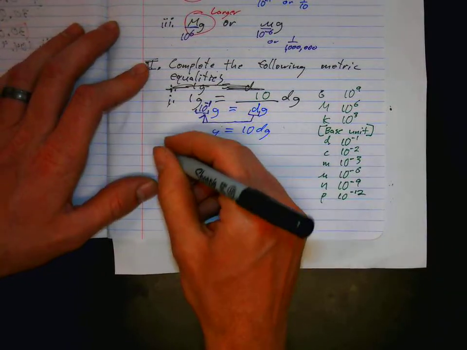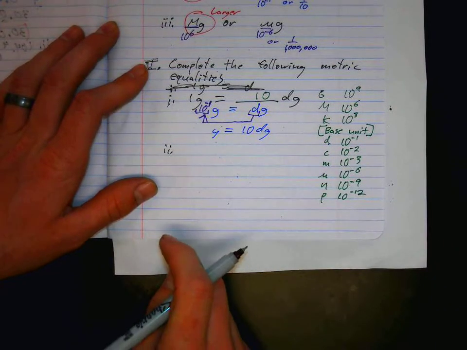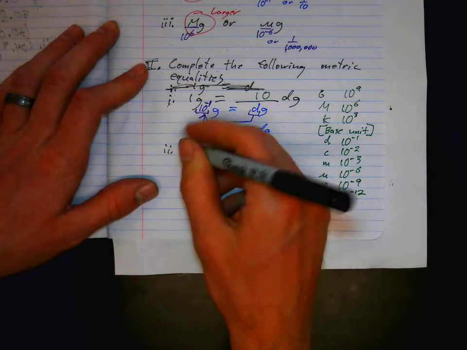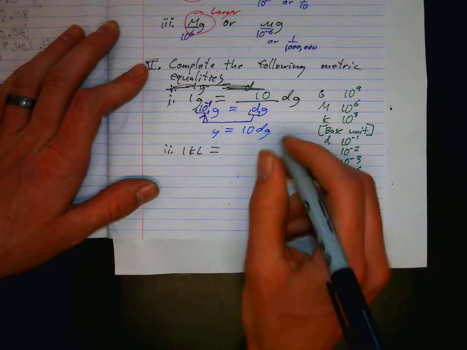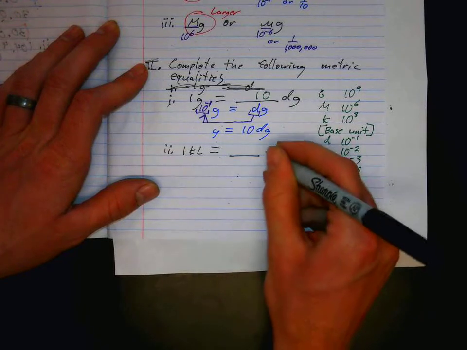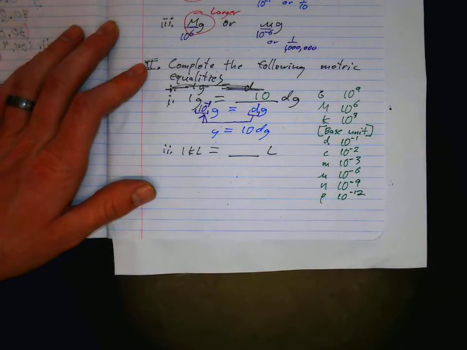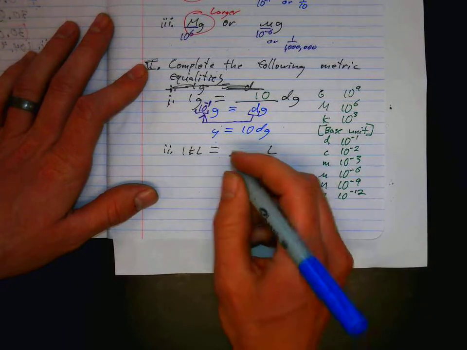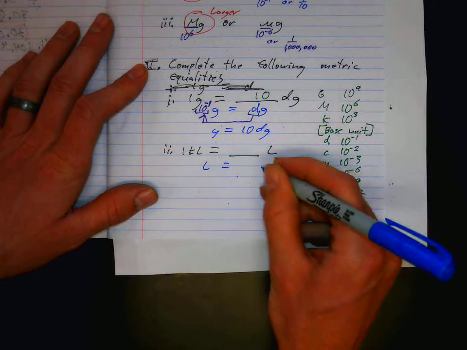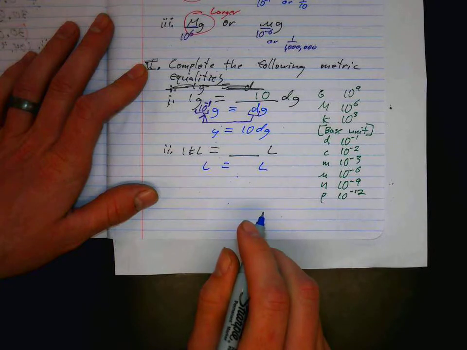We can go on to the second example now. So next we have 1 kiloliter equals blank liters. And we could think about the meaning of the prefixes again. So a liter equals a liter. That's a true statement.